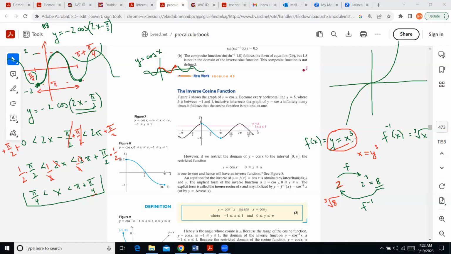So you kind of flip this original equation, put x in the place of y and y in the place of x. In other words, you switch x with y. And from here, you can pull out y, just take the cube root of both sides, and that's how you get the inverse. So that cube root is actually, this is -1, that's called the inverse function.